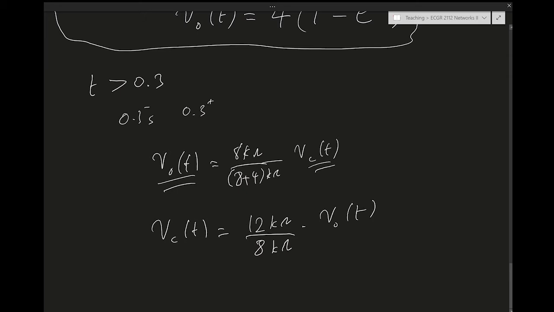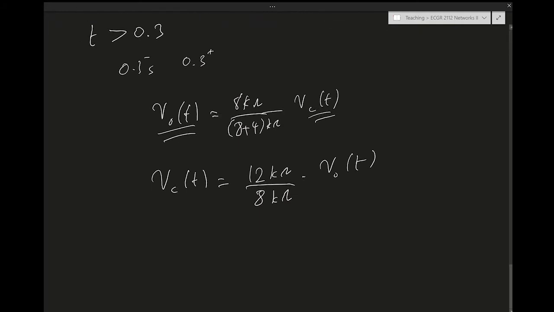I want to find VC(t) because that's the variable that's going to be continuous through the point in time of the second transient. Right? So this is going to be equal to just VO(t) times some constant. So that's going to be 6 over 4, which is going to be 3 over 2 VO(t), right?